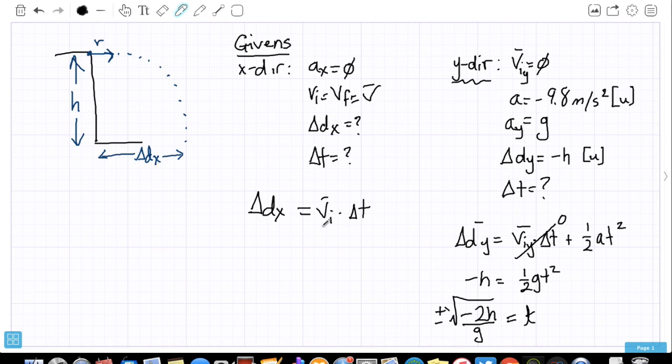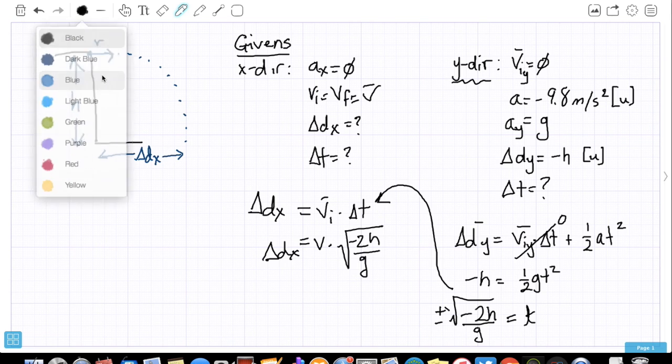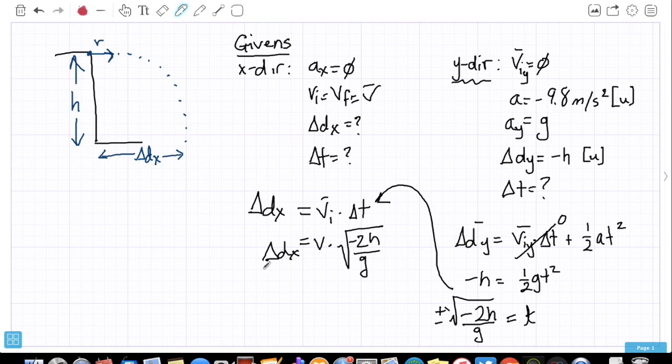And we know that v_i is equal to v. And then delta t is equal to this. So we can replace this with what's under the square root here, negative 2h over g. And that is our answer.